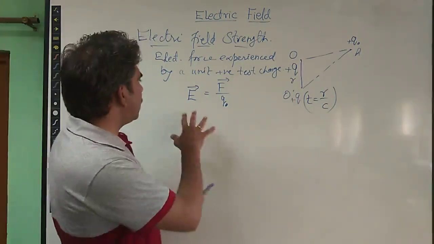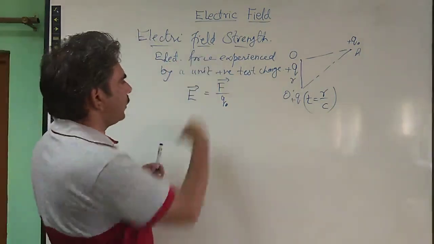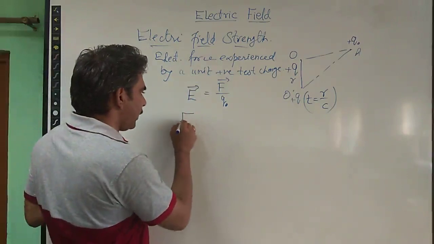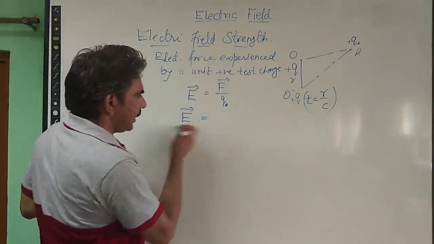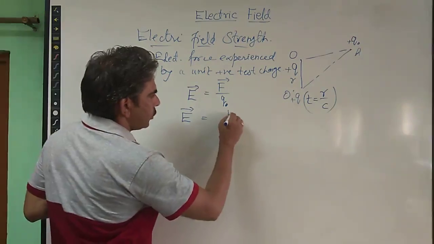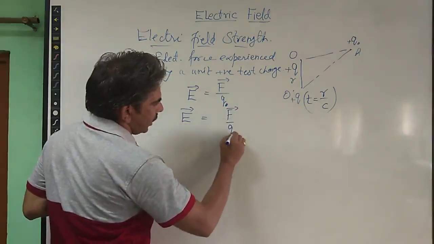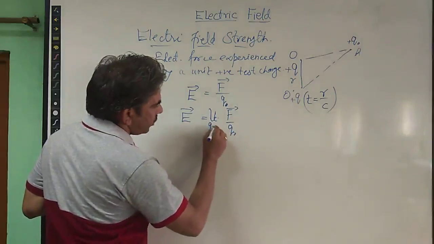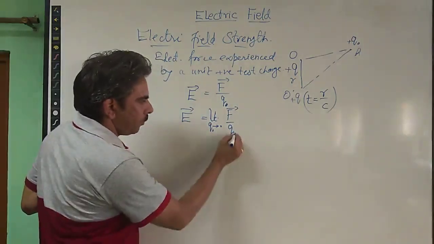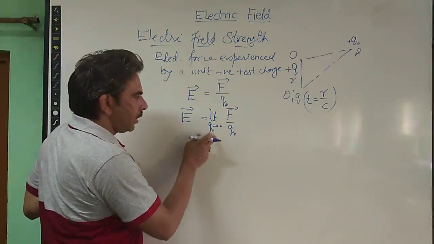So we slightly modify the definition of electric field. Electric field is defined as the ratio of the electrostatic force per unit test charge, but the test charge has to be very small. So we put this mathematical notation here, the limit.